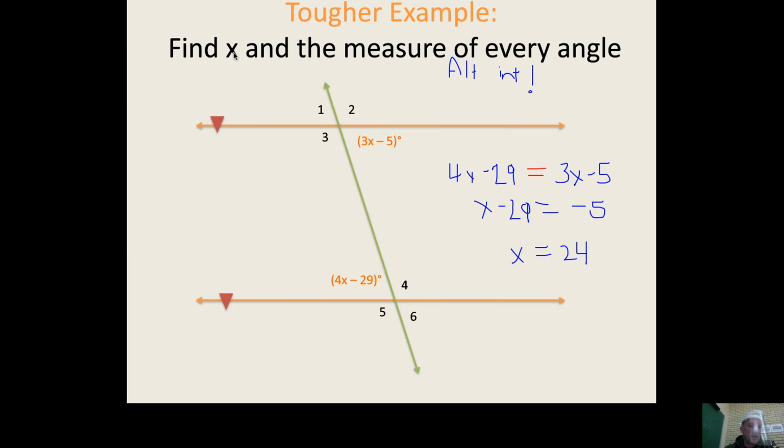So they ask you to find x, which we did. It's 24. And we also need to find the measures of the angles. Not just these ones, but all of them.